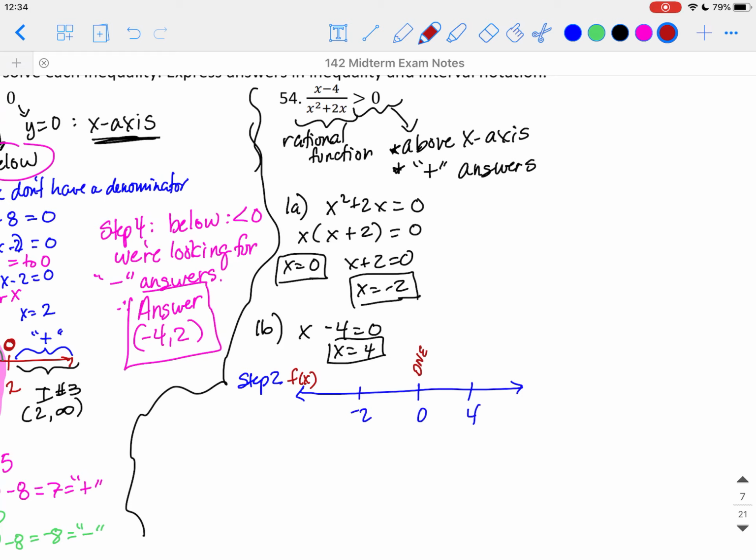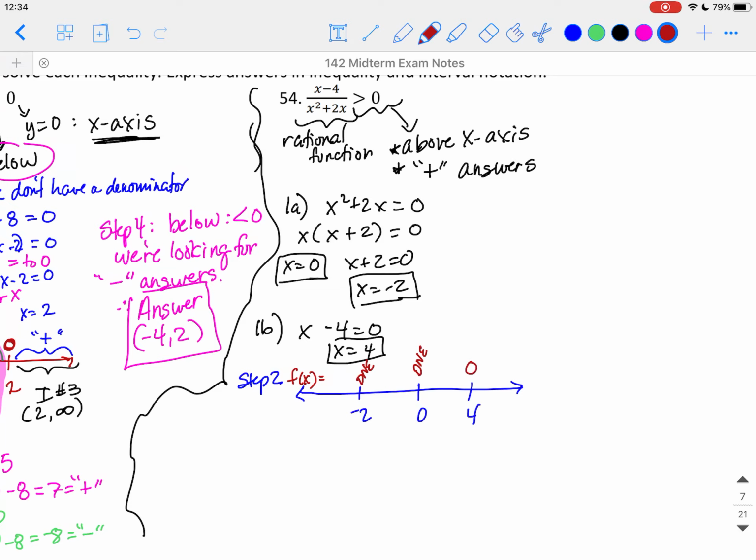And it does not exist either at negative 2. Why? Because we set the denominator equal to 0, and those x values make my denominator 0, and I can't divide by 0, so I know it does not exist. Again, it's going to be either a vertical asymptote or a hole. In this case, it's a vertical asymptote for both of them. And at x equal to 4, we know that your y value is going to be equal to 0.